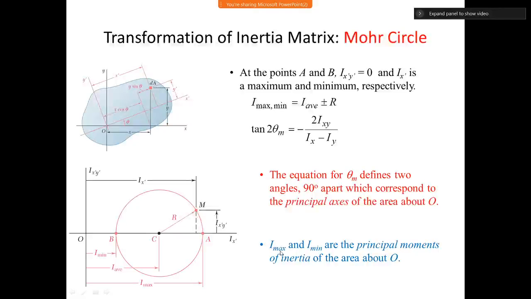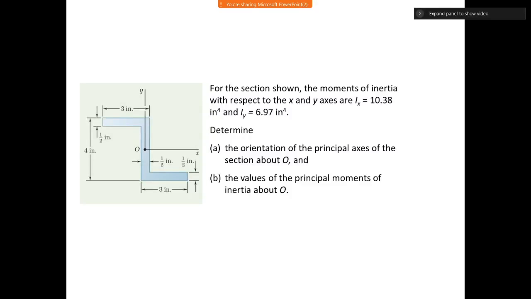So your I max and I min are your principal moments, and your product of inertia is 0 at that principal axis, right? I understand there are a lot of definitions, so let's see an example, and I hope this will make things very clear to all of you.